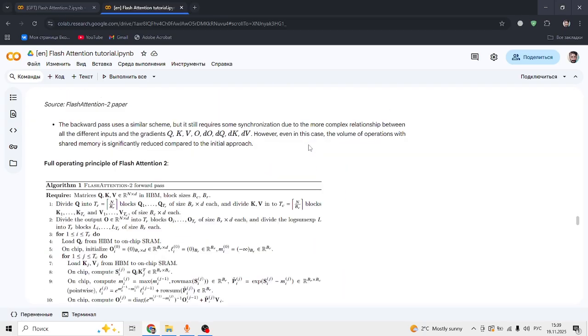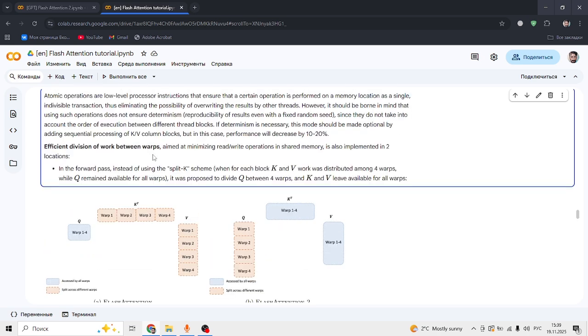And the last thing which is used is more efficient work between warps. This is used to minimize read-write operations in shared memory, and it is implemented in two places.